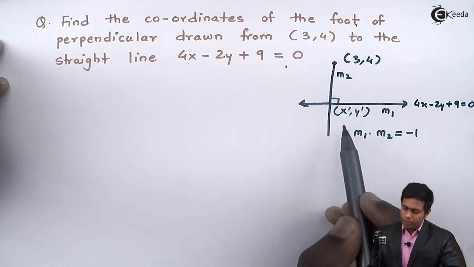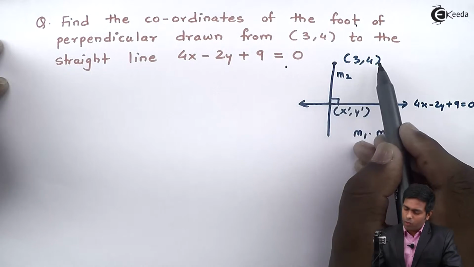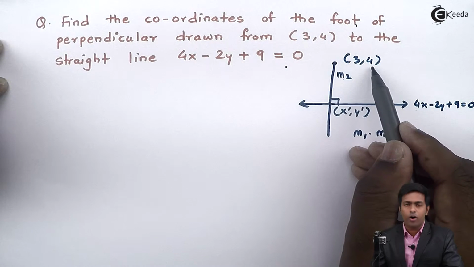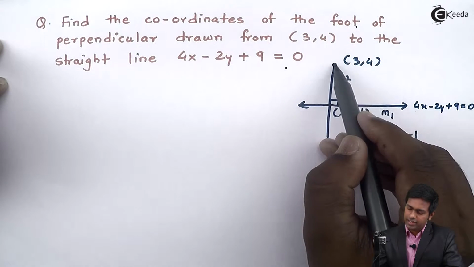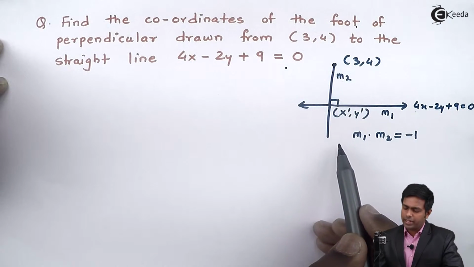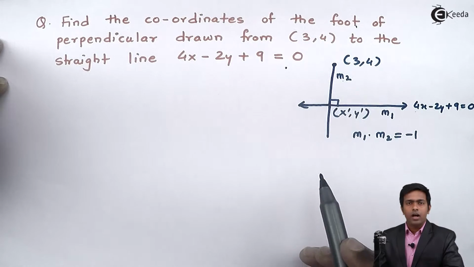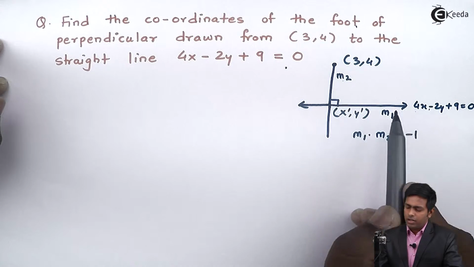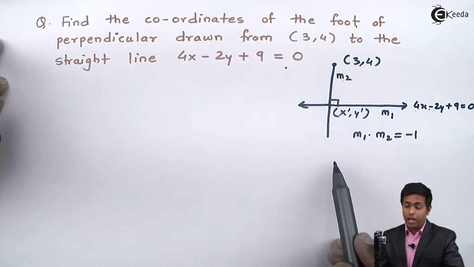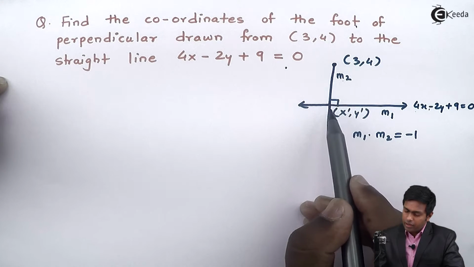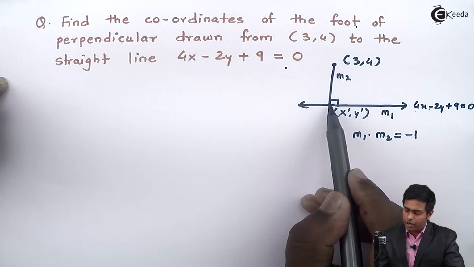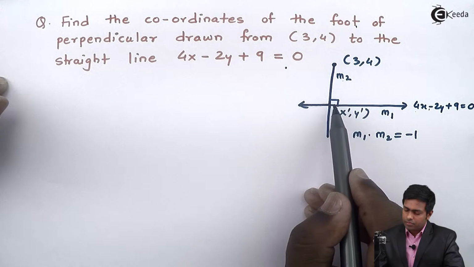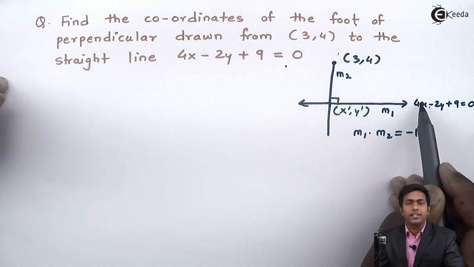After getting the slope of this straight line, we also have one point given for this straight line. So using the slope point form, we can find out the equation of the second line. After getting the equation of the second line, we'll have two equations of lines where the two lines are perpendicular to each other, and if you observe carefully, the required point lies on the intersection of the two lines.